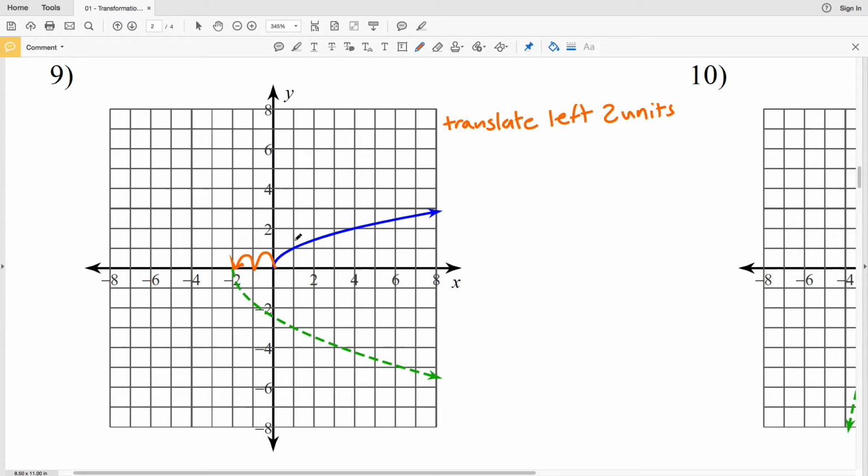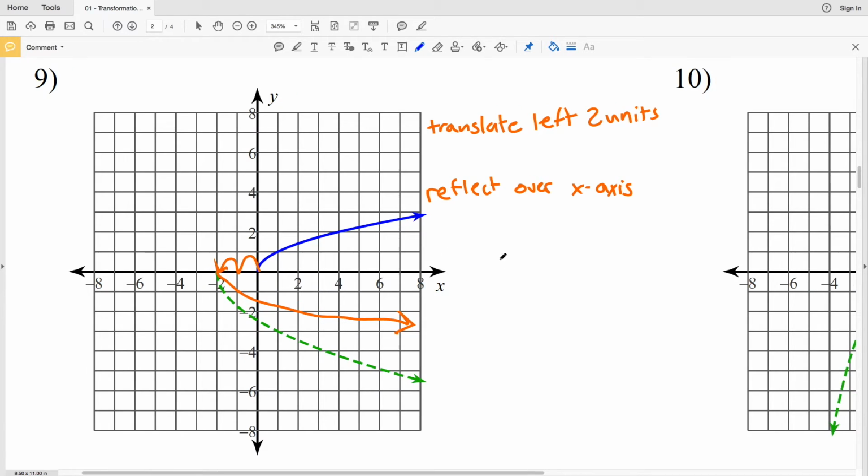We also need to reflect over the x-axis. So our function will now look like this. And now we just need to figure out whether we're expanding or compressing horizontally. So if we were to think of g of x, if it was not reflected and not translated, we'd have one point at 0, 0.